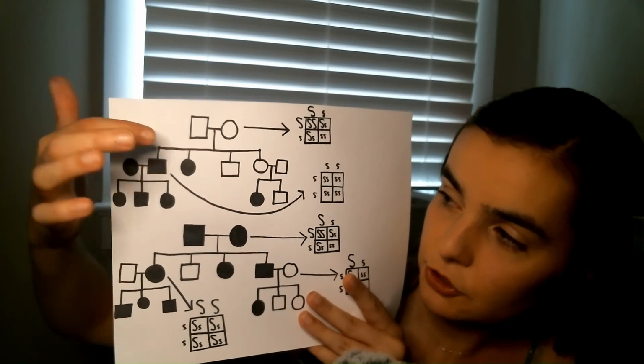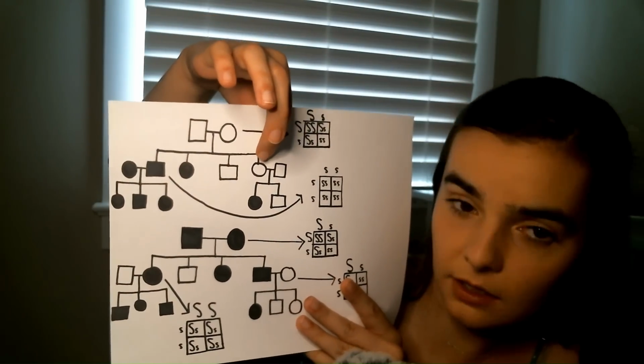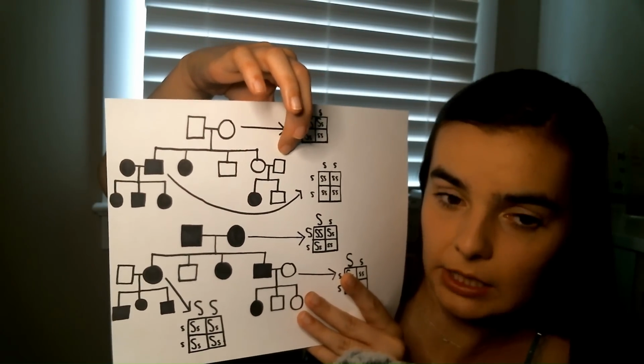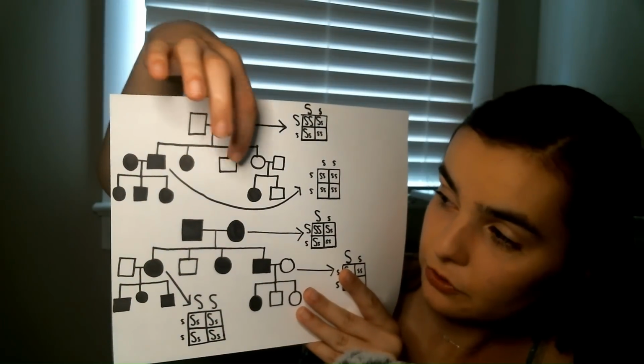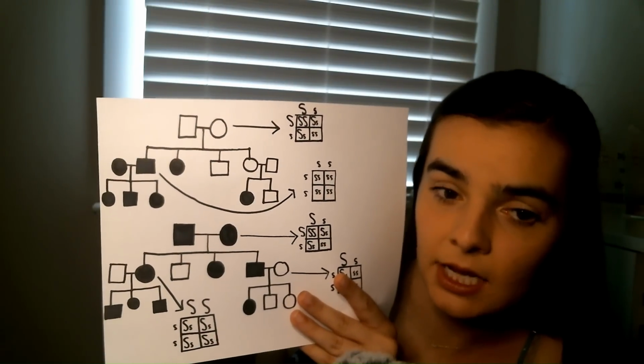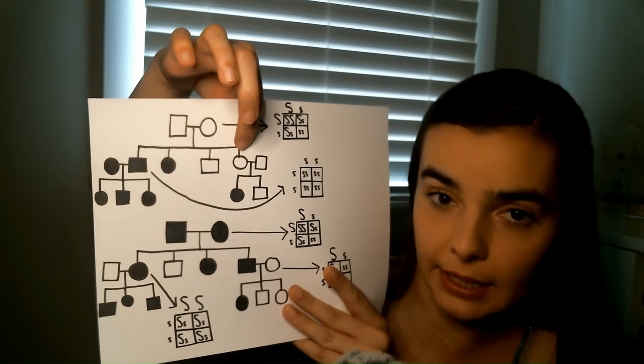They had 2 affected children, 2 unaffected children, and this unaffected child married an unaffected man, and they had children, but one of their children got the disease. So we know she must be a carrier.